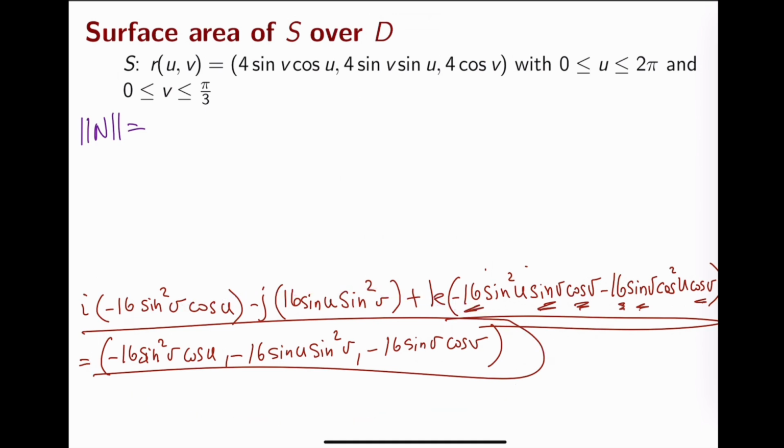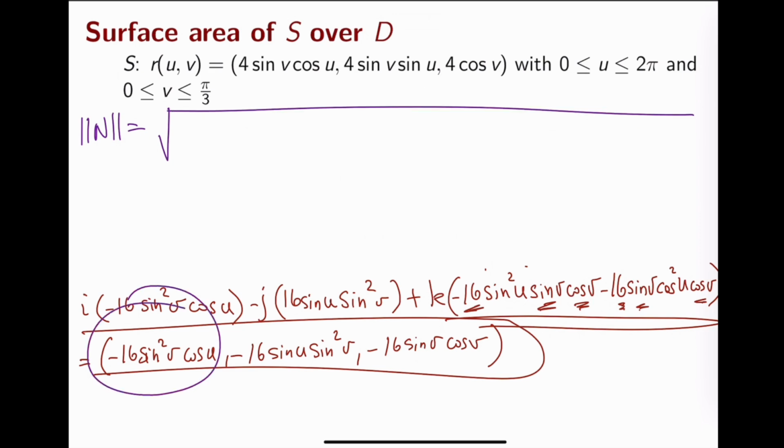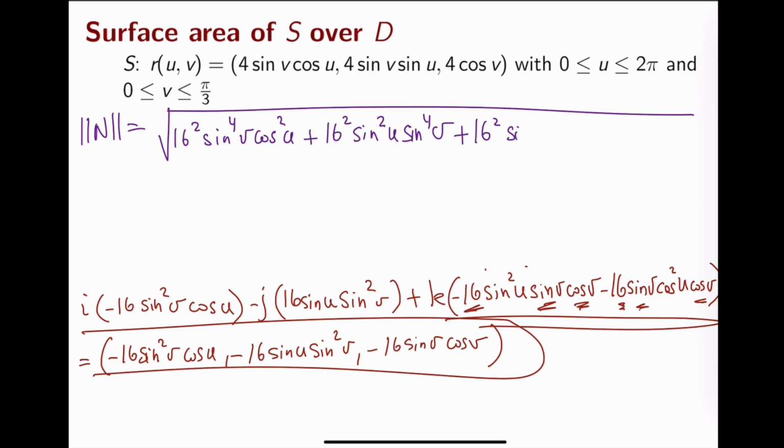So the norm of this vector will be the square root of the additions of the squares of each component. 16 squared as well as sine square of v is common in the three terms.